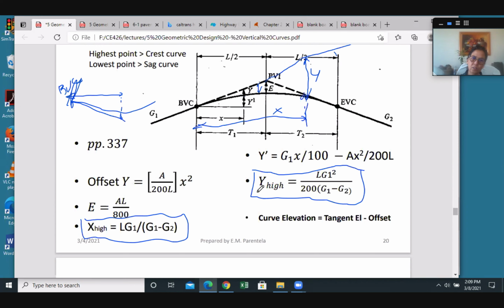Similarly, you can use this to determine the lowest point on curve. So again, same approach whether you're talking about the highest or the lowest point. Yes, you can find the highest and the lowest point on the curve right here. So where is the lowest point? You'll use the same equation right here, and we'll apply that so it will be clearer as we go along.